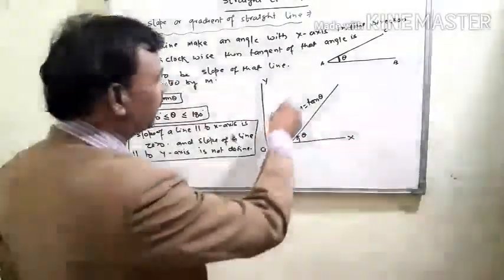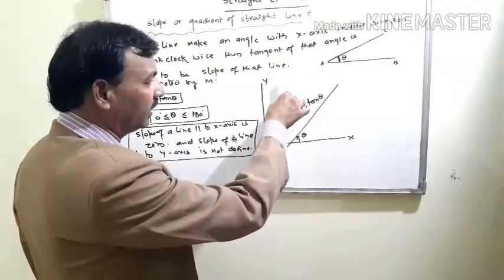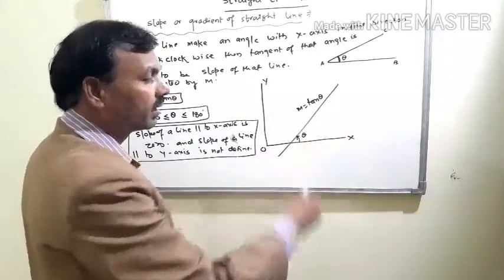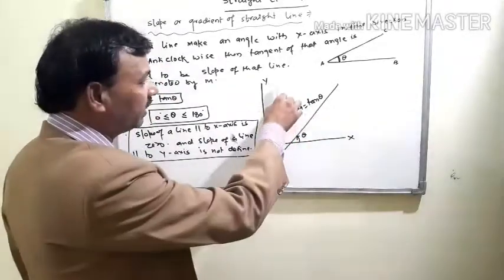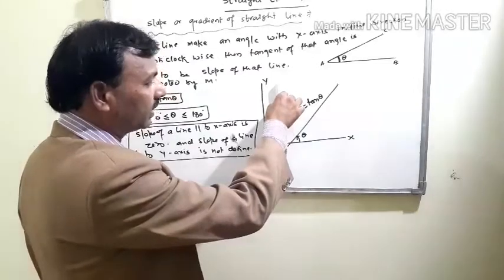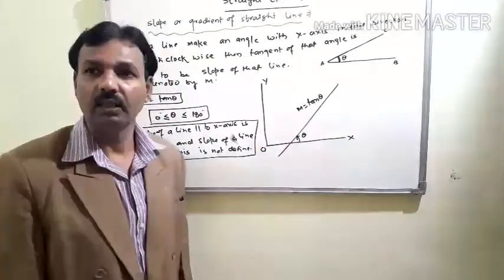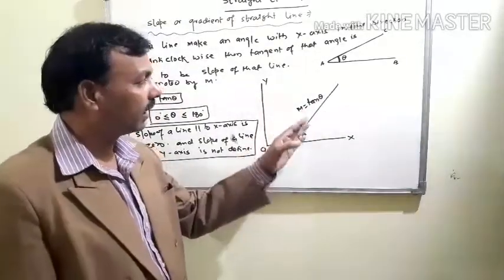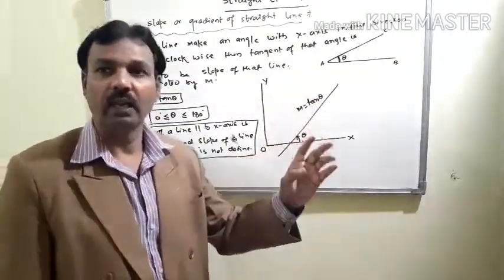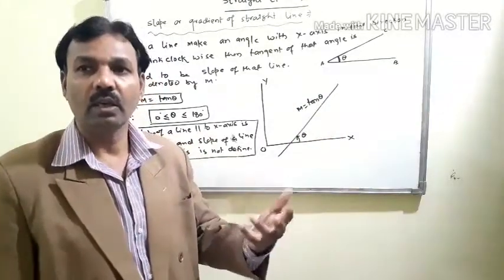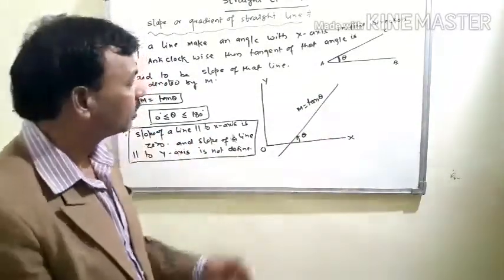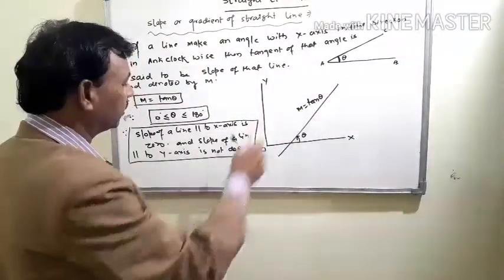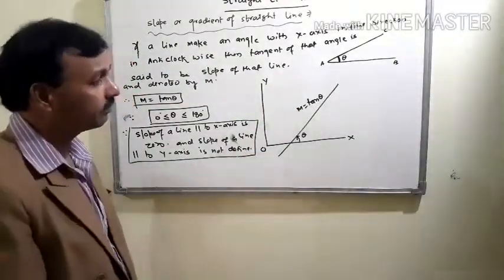And if we take any line parallel to the y-axis, that line will be perpendicular to the x-axis, and the angle between a line parallel to the y-axis and the x-axis will be theta equals 90 degrees. Then m equals tan 90, and tan 90 is not defined or infinite. So the slope of a line parallel to the y-axis is not defined.